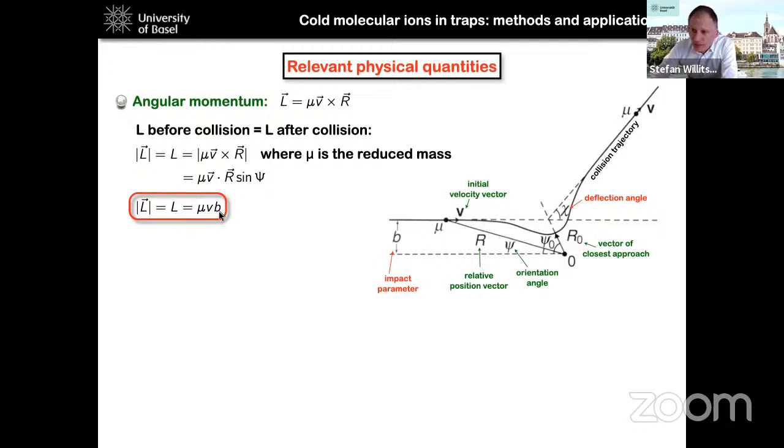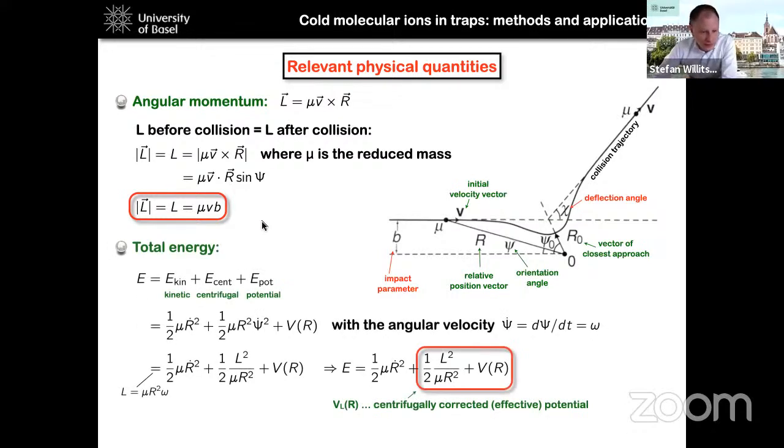The magnitude of the angular momentum of this collision is proportional to b. And since angular momentum is conserved here, so L before the collision is the same as L after the collision, this means that we can calculate the angular momentum for this entire process with this simple relationship. Okay, so this is an important result.